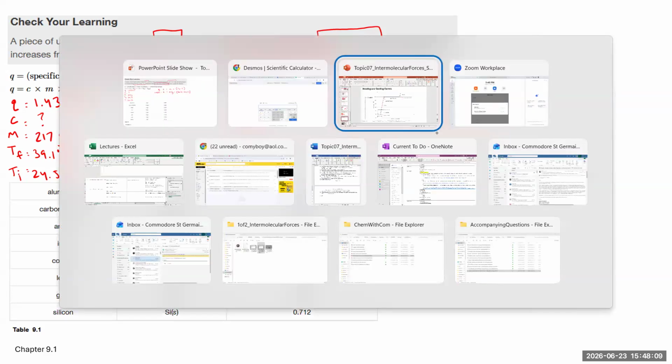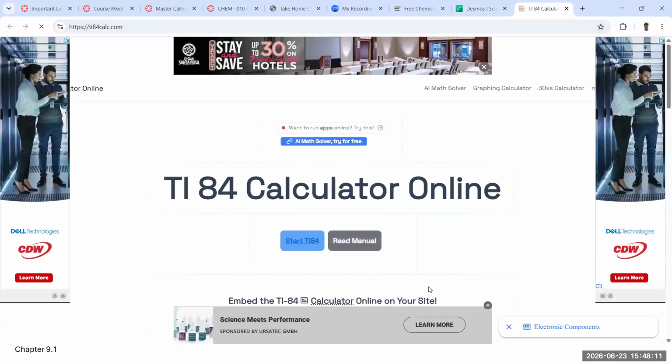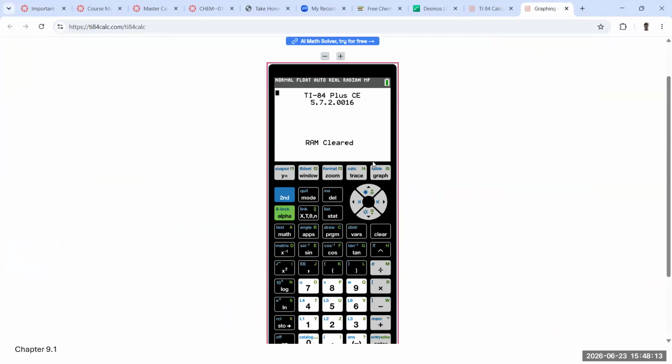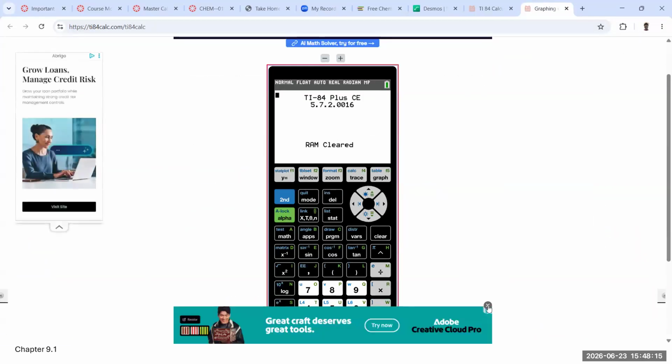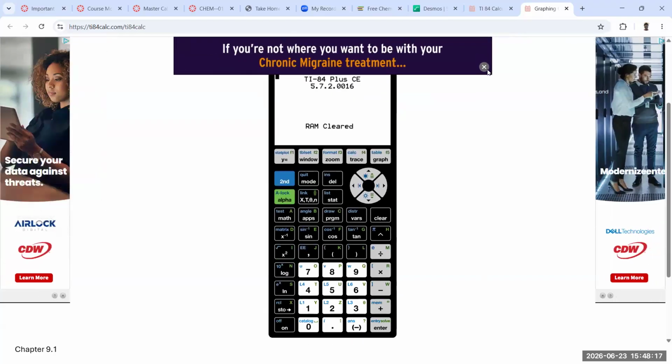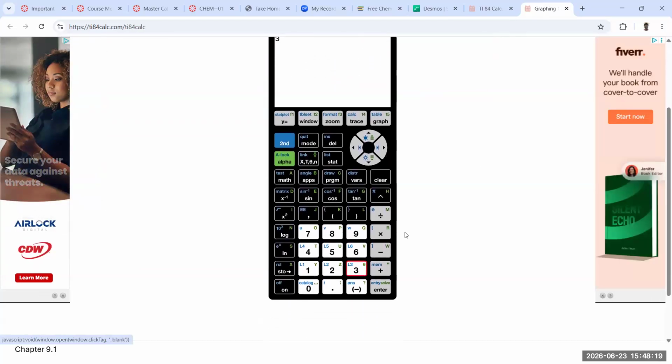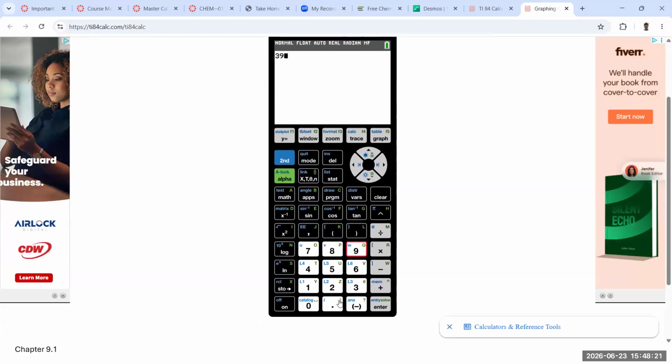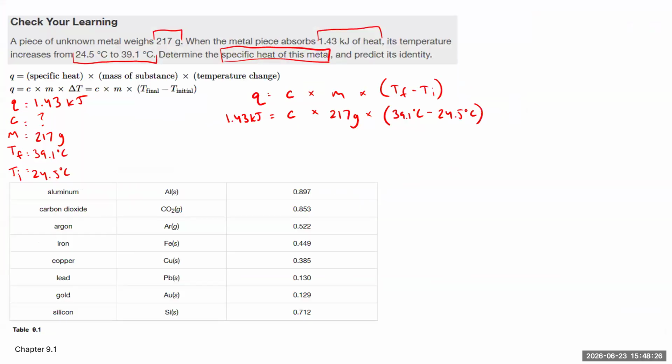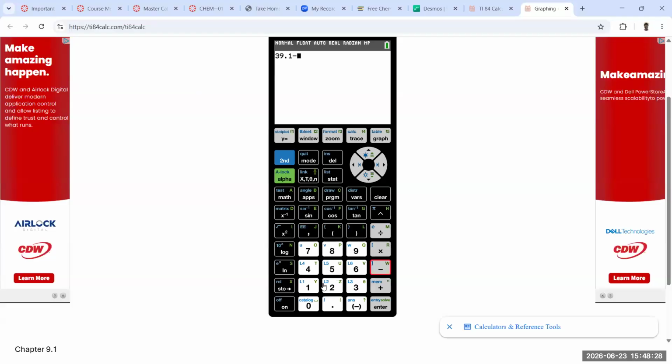So let's do 39.1 minus 24.5. All right, we got 14.6.